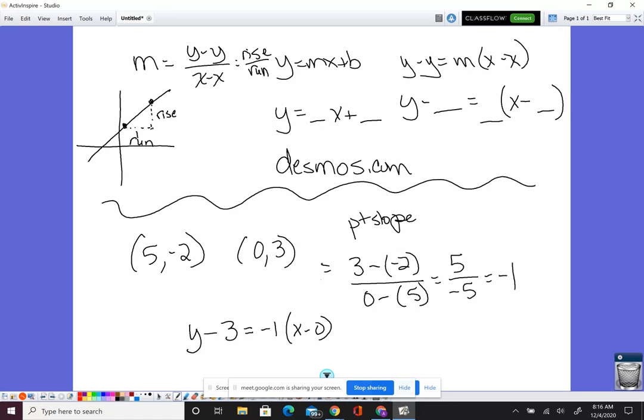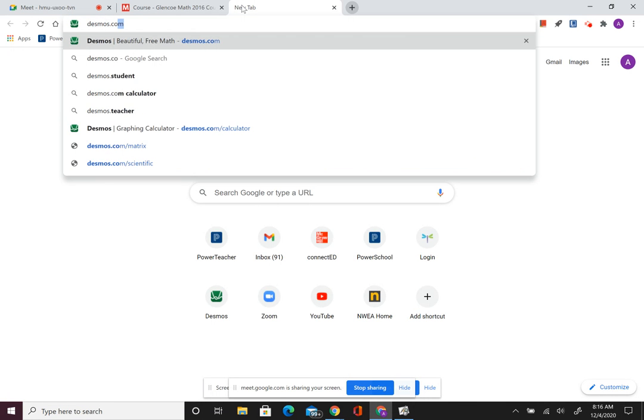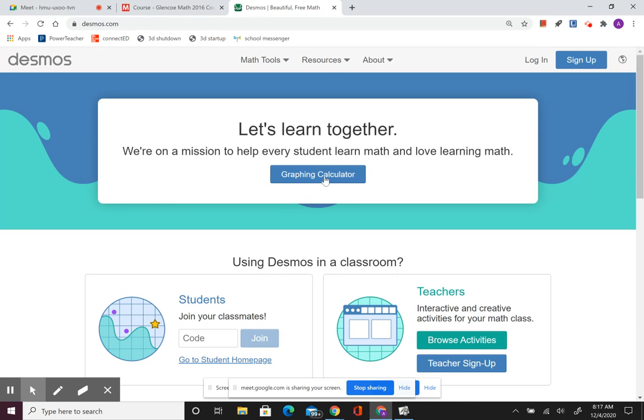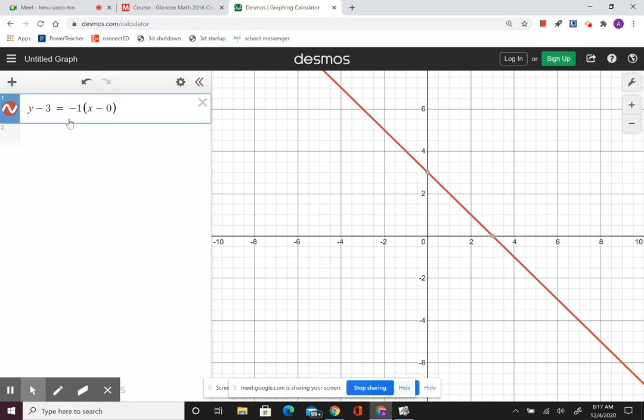Okay, once I have that, I can go to Desmos and type in that equation. y minus 3 equals negative 1 times x minus 0. Okay, so I have those two. Is 0, 3 a point on that line? Yes, right there. And what was the other one?